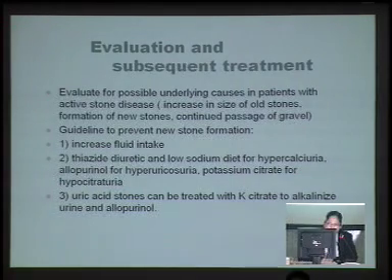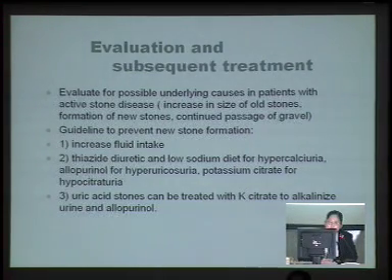climate. Thiazide diuretic and low salt intake for patients with calcium stone with hypercalciuria. You can give allopurinol for patients with hyperuricosuria, meaning high uric acid excretion in the urine. Potassium citrate for patients with low citrate in the urine. And for uric acid stones, this depends a lot on urine pH.